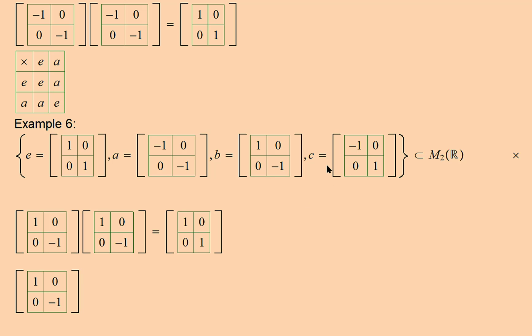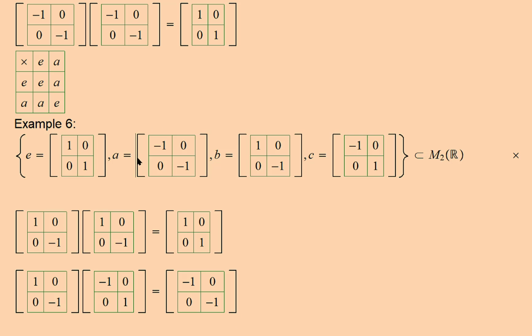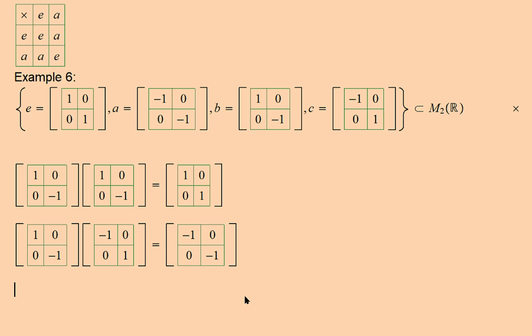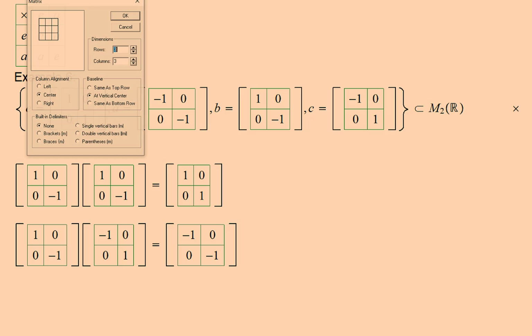the product of these two lives in here. So if we multiply these, we get A. So here we can again complete the table, and this time we have a lot more.